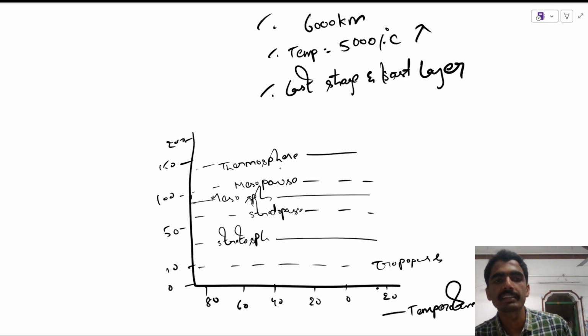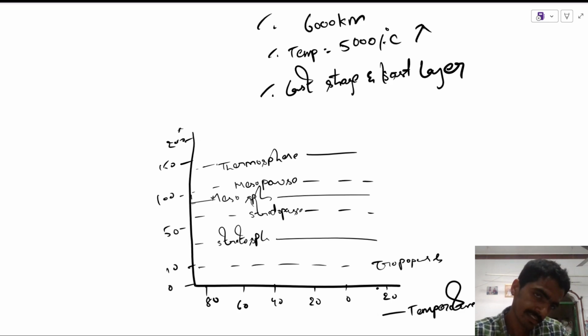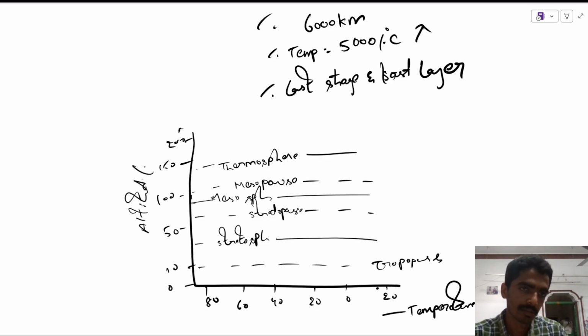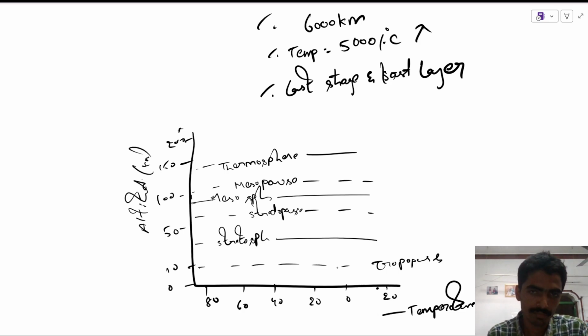Actually, the height will increase. Okay, not 200 or 500, it's just an average number. So it's called altitude in kilometers.